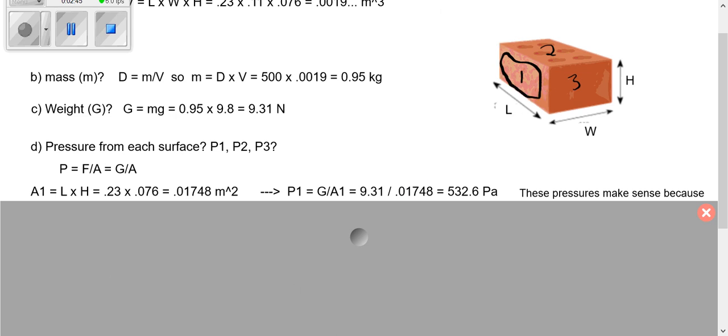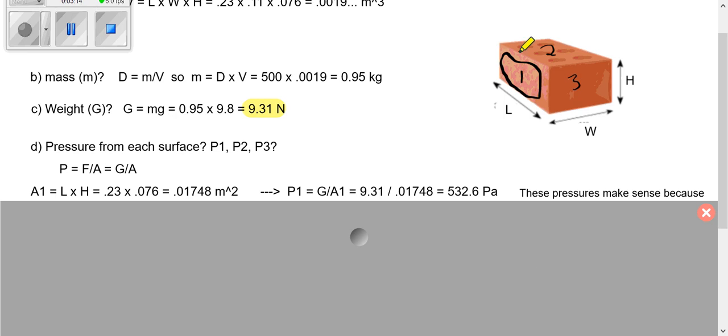So I did the length times this height, and those were the dimensions from the problem. That was the area that I got. Then I took that gravity number, 9.31, excuse me, divided by the 0.01748, which is area 1. When I divide that, I got 532.6 pascals.